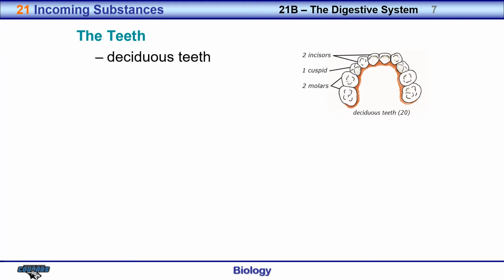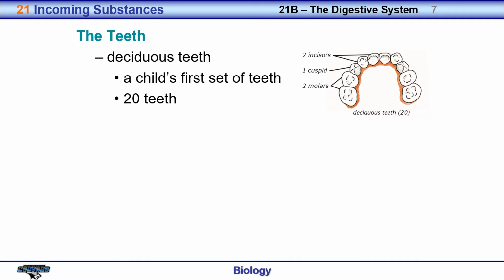And you can see in the list there that you have some incisors, then some cuspids, and then you have 2 molars on either side of your jaw, and another pair of those on either side of your upper jaw as well. So altogether you have about 20 teeth when you have your full set of deciduous teeth.